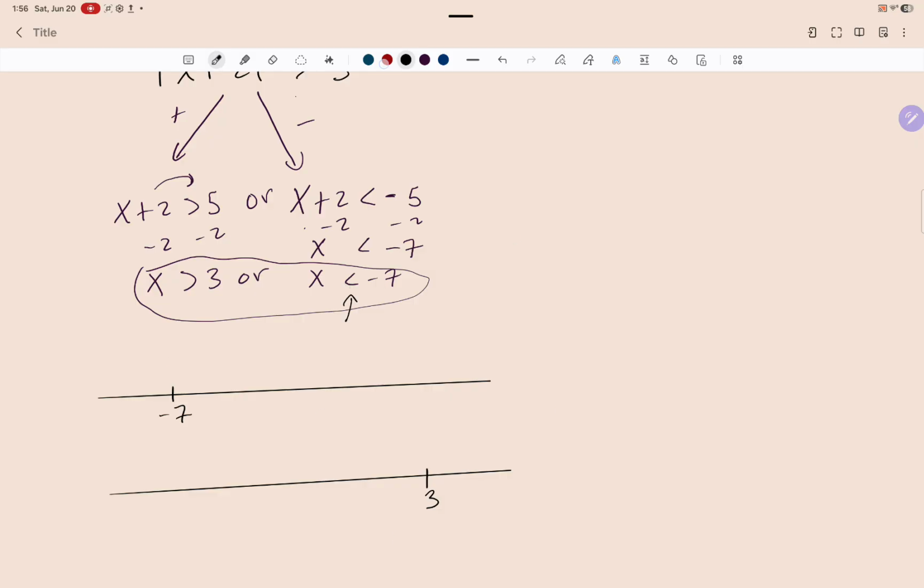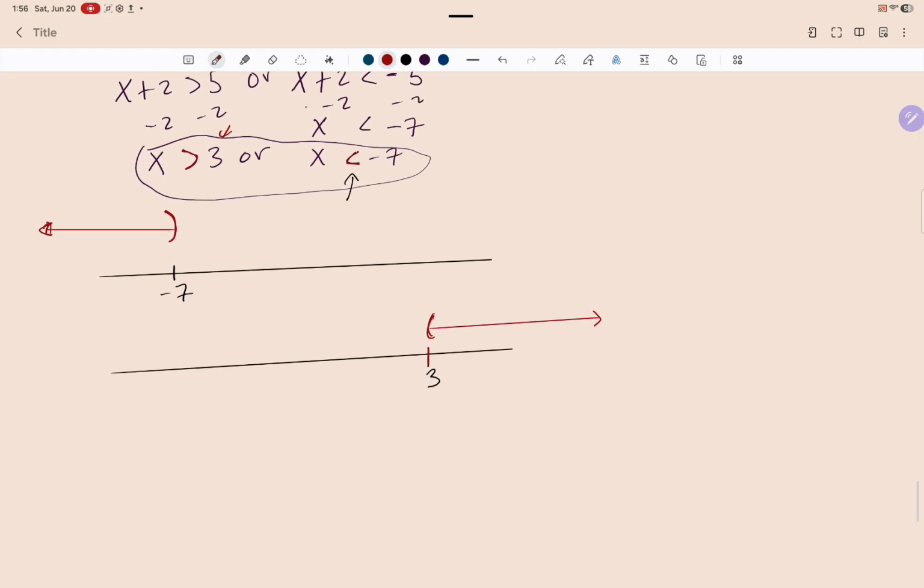So I locate -7 here, and I want to go to the left. For this case, x greater than 3, I want x's that are bigger than 3, so I need to go to the right of 3. I locate 3 here, so I go this way. Again, notice my choice of symbols: I use parentheses instead of brackets.